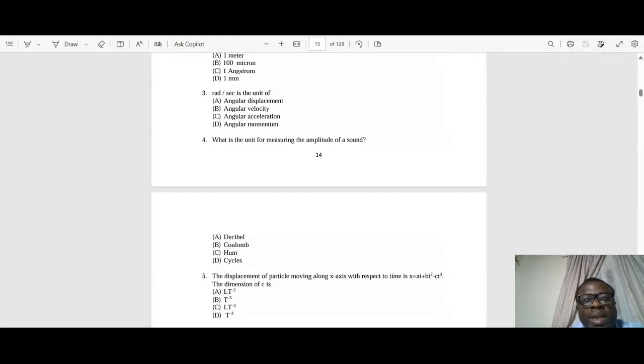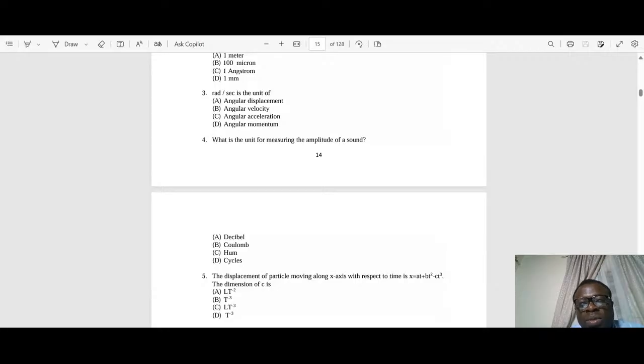Okay, the answer, let me explain. That equation is x equals at plus bt squared minus ct raised to power 3. The question is, what is the dimension of C?